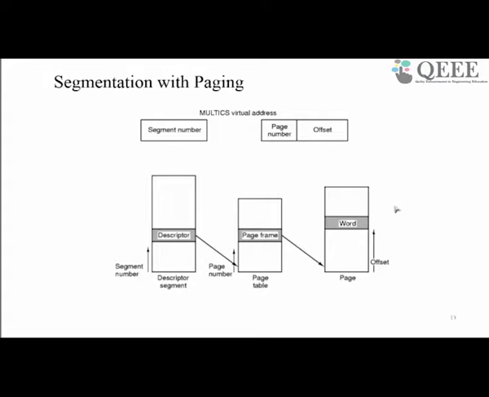But the problem with segmentation is that a given segment can be a very large size. When you have to bring and load a segment into the main memory, you may end up bringing a very large segment, which occupies a large amount of space in the main memory, while the actual content that you want may be a small part of the segment.